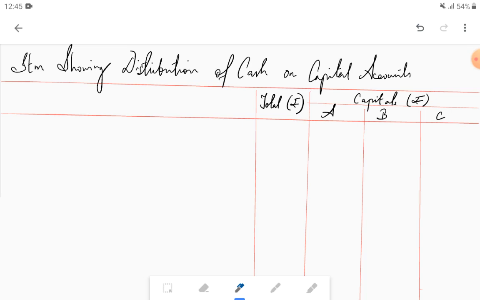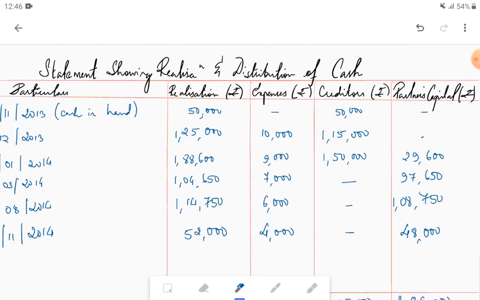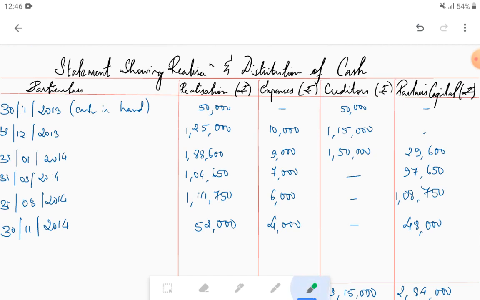I am no longer going to be showing the distribution of the amount to the outside liabilities, that is your creditors and your realization expenses. Why? Because we already showed it in the previous table. So here we're just going to show how the remaining balance, this balance right here, 29,600, and then this balance also and this balance and this balance, how these four balances are going to be distributed amongst our partners.